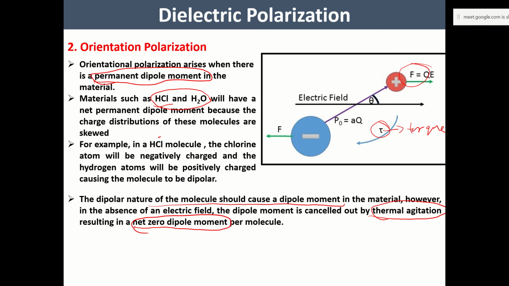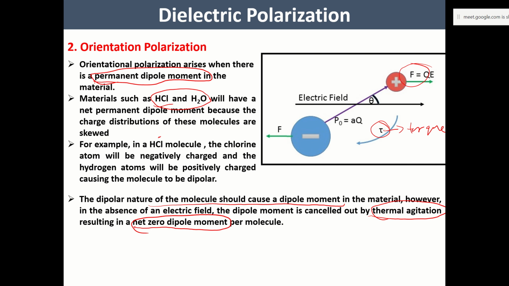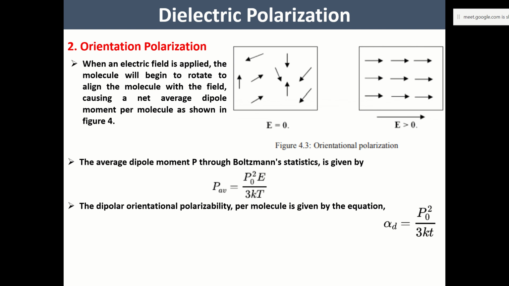But once you place them between the two parallel plates of a capacitor, because of the electric field, they will orient themselves and get aligned with the field. So these are two pictures: with E equal to 0, net dipole moment is 0, but when you apply an electric field, they will get aligned. This is what we mean by orientation polarization.